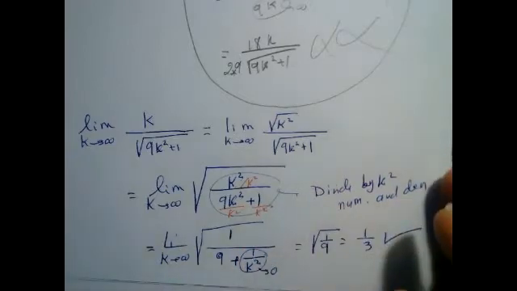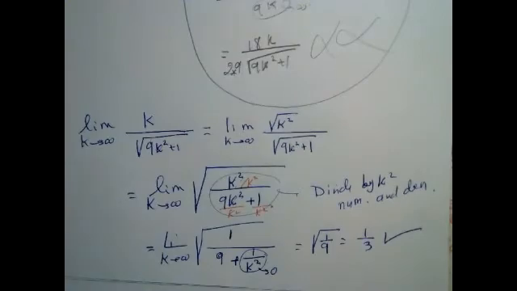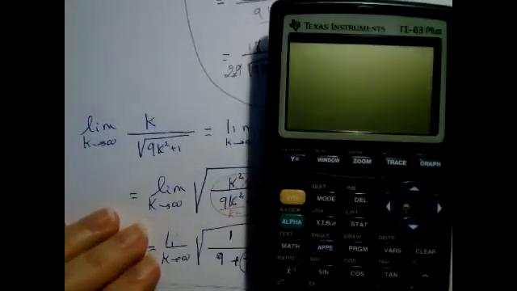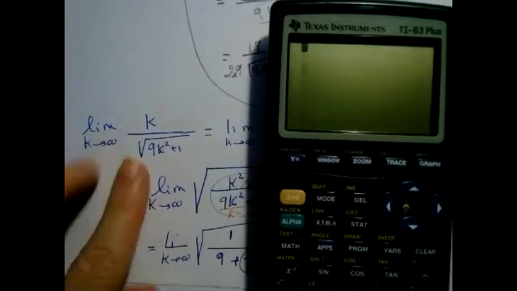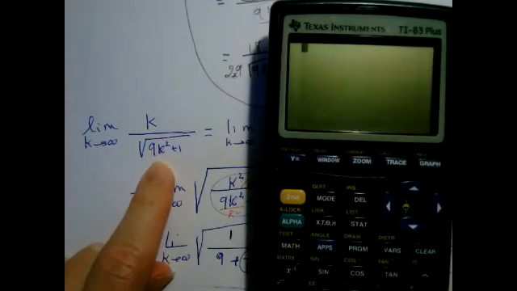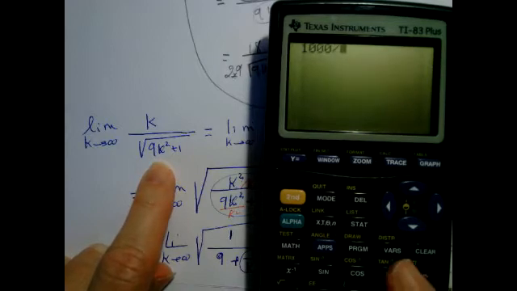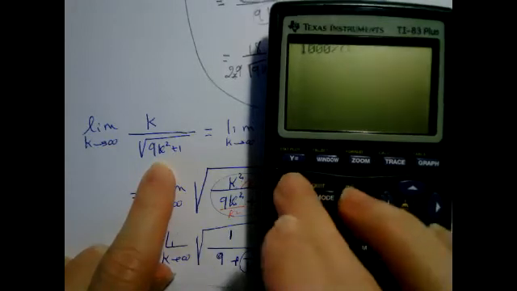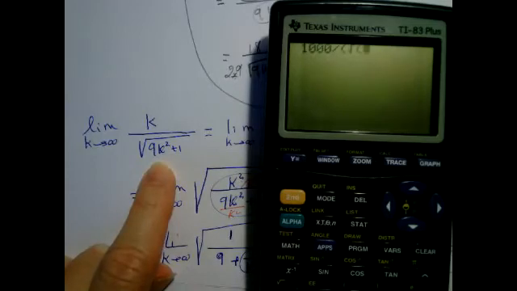If you do it numerically, it means just plug in large numbers and you will see you're going to get a third. So if I plug in a large number here for K, let me plug in 1,000 since I have a calculator, why not? And I divide it by the square root of 9 times 1,000 squared, plus 1.